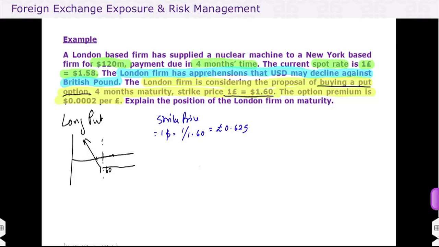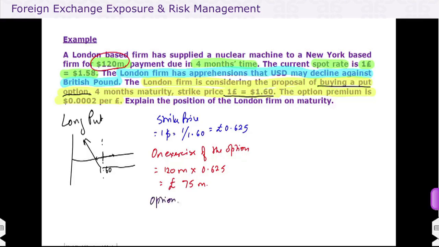So on exercise of the option, the buyer, the firm, will get how much? 120 million dollars converted into pounds at the rate of 0.625. So it comes to British pound 75 million.